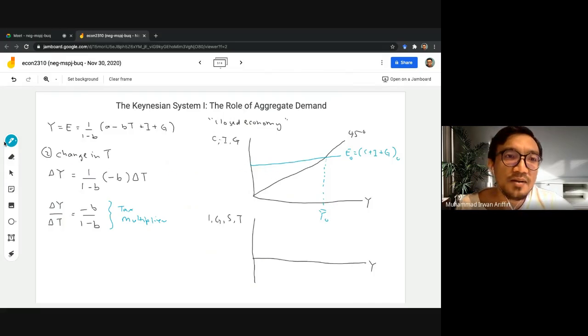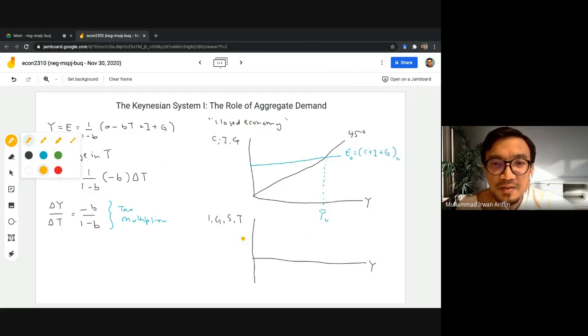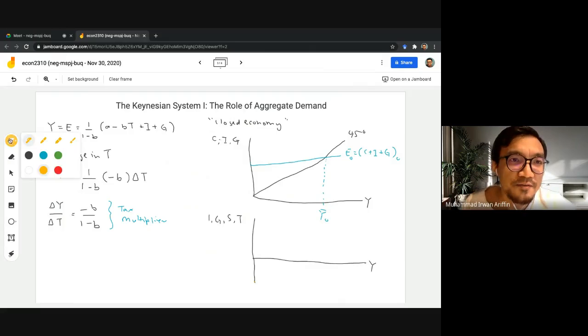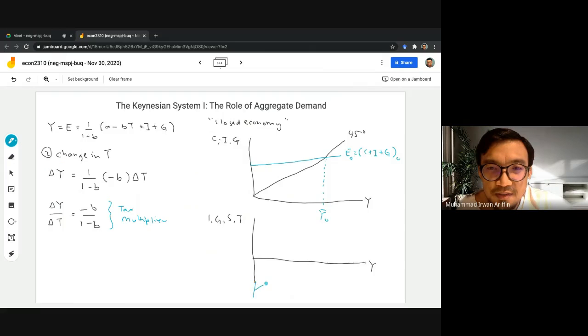Similarly, we're gonna have our saving schedule, let's say somewhere here. Let me just use the same color for the initial condition. So this is our S plus T0, the initial condition T0.